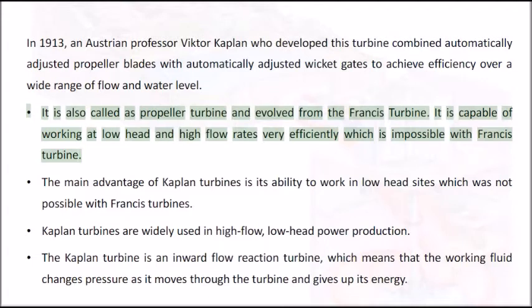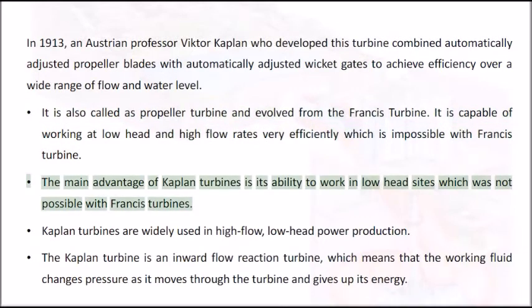It is capable of working at low head and high flow rates very efficiently, which is impossible with the Francis turbine. The main advantage of Kaplan turbines is their ability to work in low head sites, which was not possible with Francis turbines.